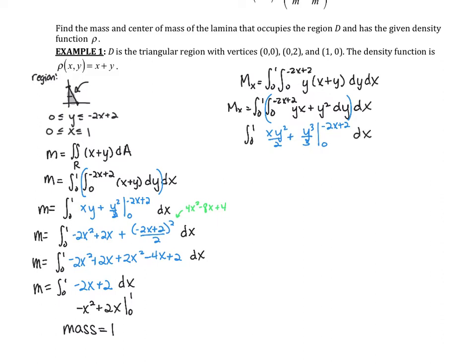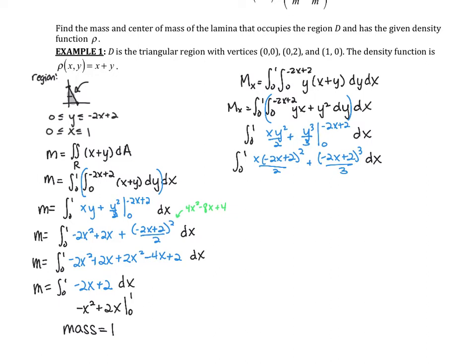So substituting in with respect to y, we get a bit of a mess. Let's do x times negative 2x plus 2 squared over 2 plus negative 2x plus 2 to the third over 3 minus 0, that will all disappear, dx.